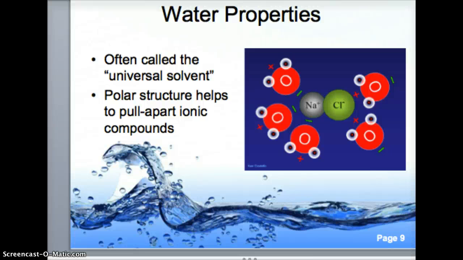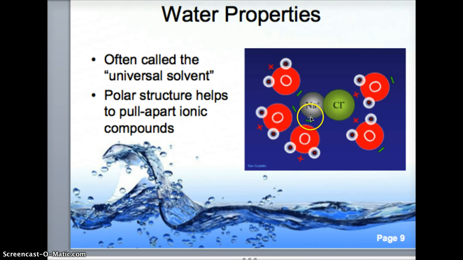Another important property, and the last one we'll talk about today, is water as a universal solvent. That's not really a property, but it goes back to that bent structure. With this bent structure and its regions of positive and negative charge, water is able to pull apart a whole lot of ionic compounds.